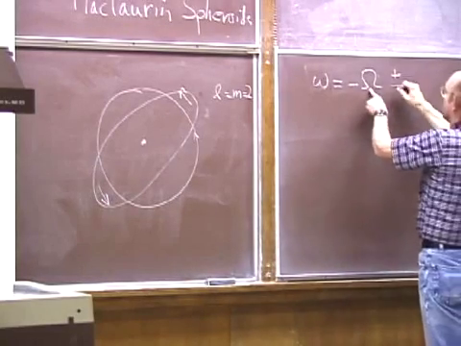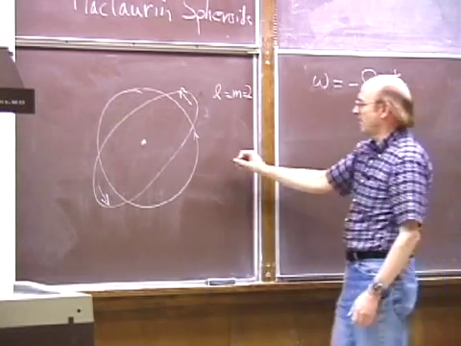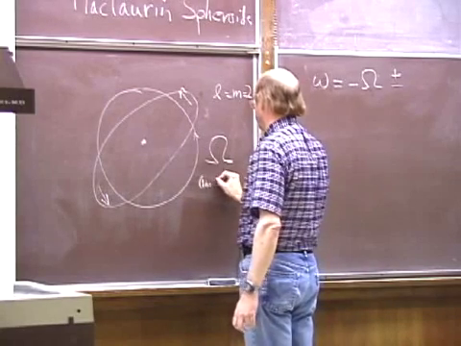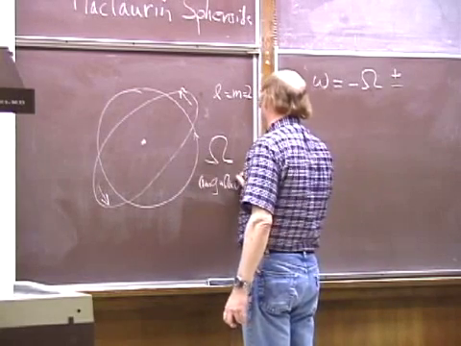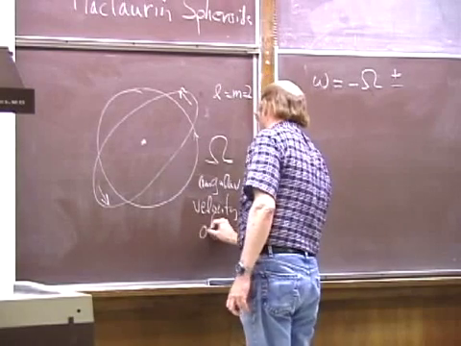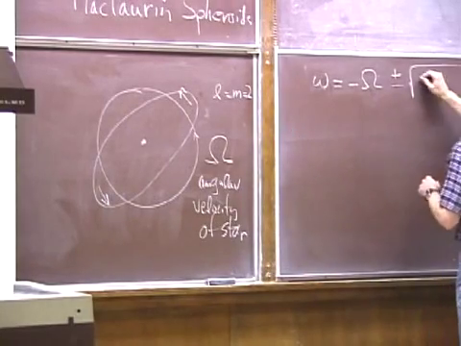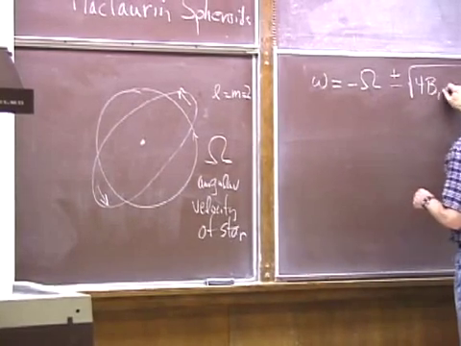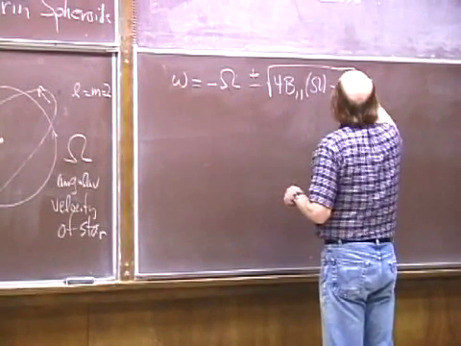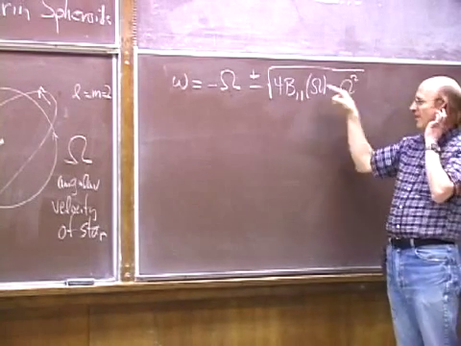The two modes have frequency omega, where omega is the angular velocity of the star, plus or minus some complicated function, which in Chandrasekhar's notation is called B11 of omega.